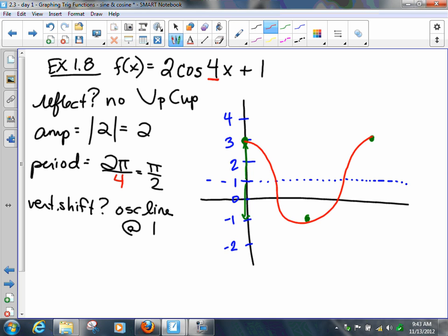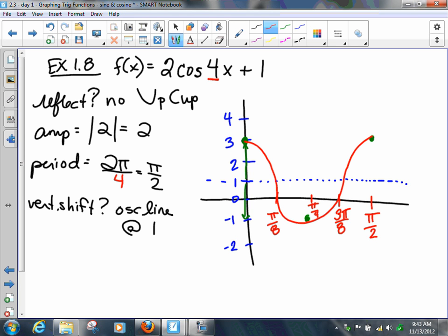Here we go. Let's label our x-axis. This curve is running from 0 to what? Pi over 2. What's the midway? Pi over 4. If I were to ask you that, you ought to be able to tell me where it runs.